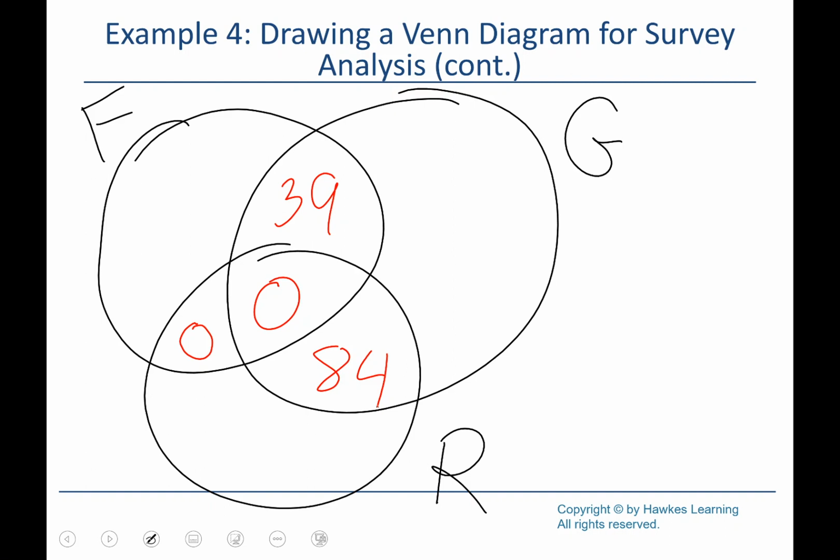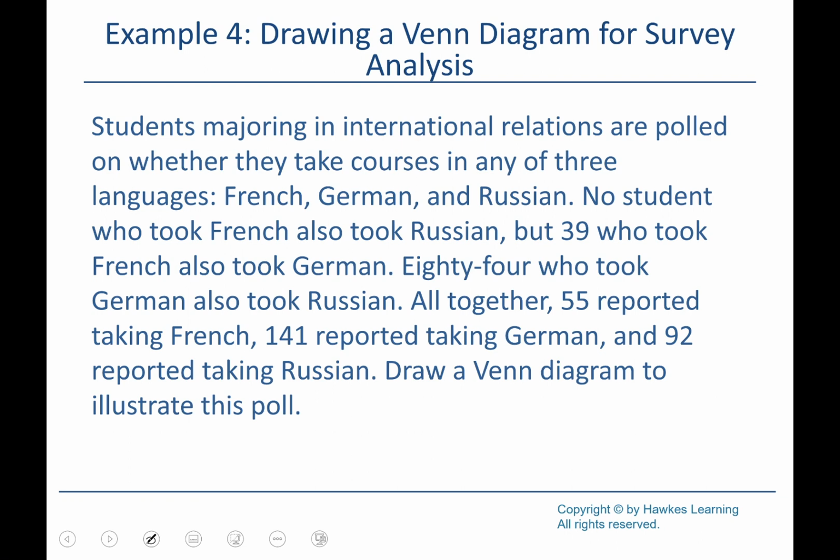And then the only pieces we have left, we want the people that only took French, the people that only took Russian, and the people that only took German. The way we typically have to get that information on these is we just get the total for each circle, and then we have to subtract. So here it says altogether 55 reported taking French.